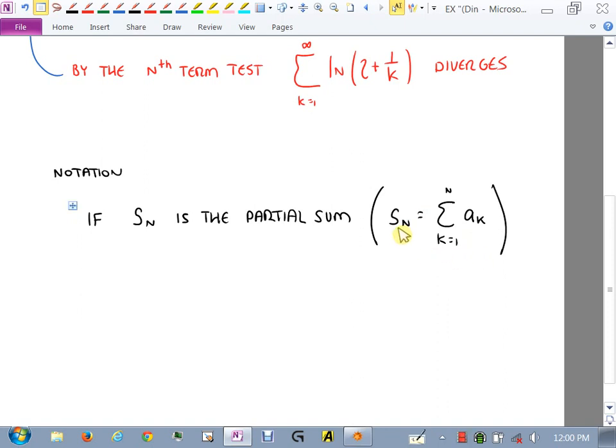S sub n by definition means you take the sum starting at k equals 1 and stop at n. If S sub n represents the partial sum, then the limit as n goes to infinity of S sub n is equal to capital S, the sum of the series.